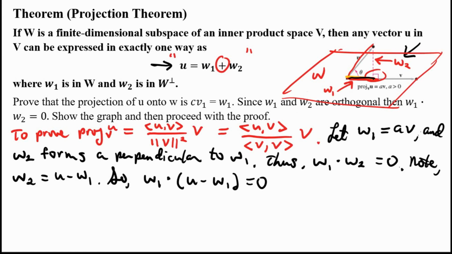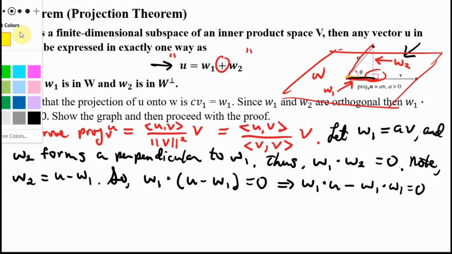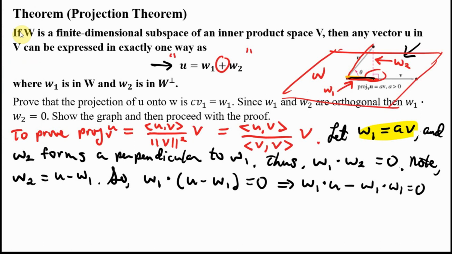Now we take the dot product. So this implies that we have W sub 1 dot with u minus W sub 1 dot product with W sub 1 is equal to 0. But W sub 1 is defined as av.